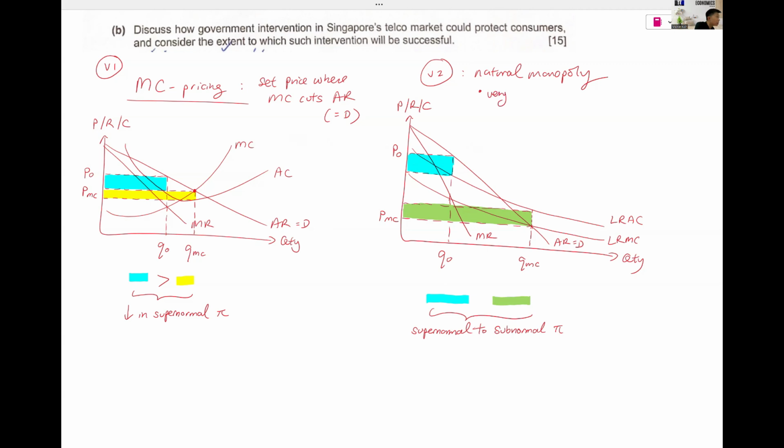To be very specific, it is very high setup costs. When you have very high setup costs, the more you produce, the more you spread out the cost, right? So very extensive internal EOS. We call them technical EOS in the form of gains from indivisibility.